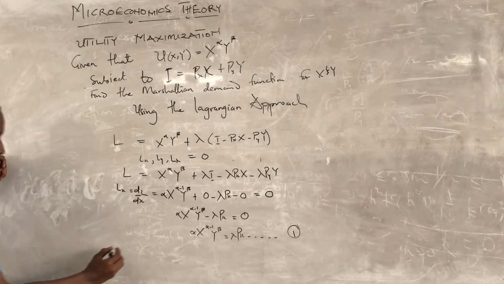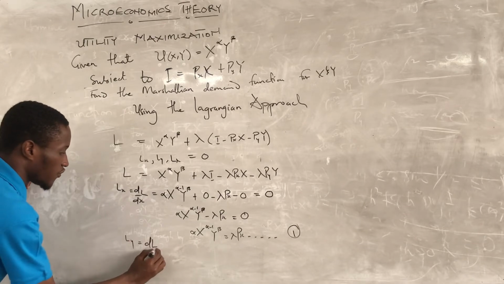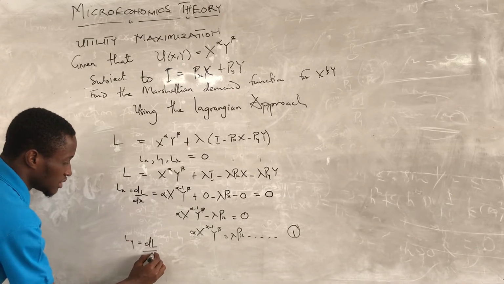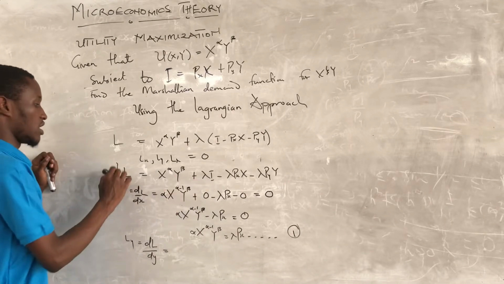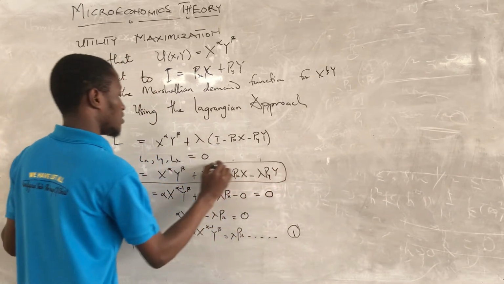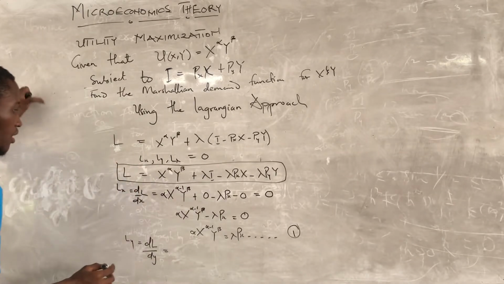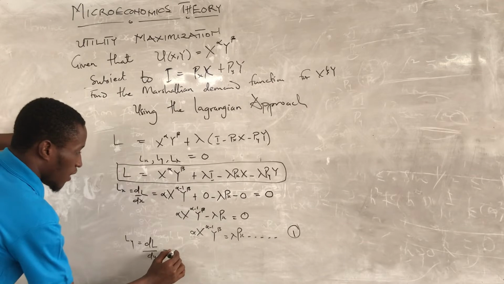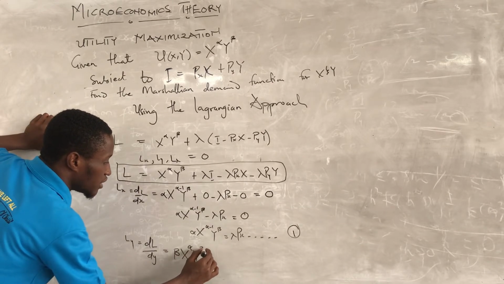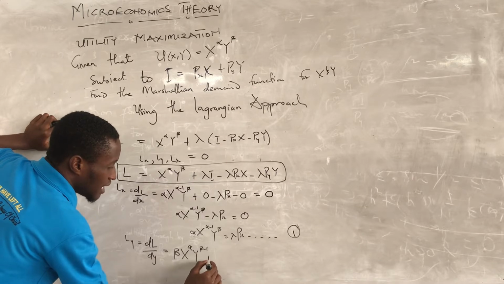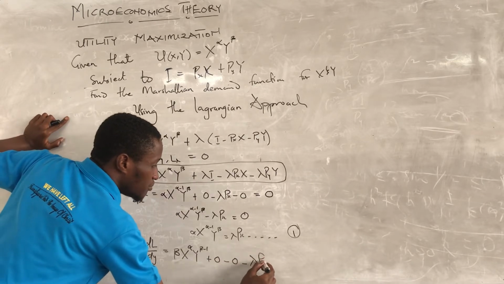Then I'll come and find Ly, which is the derivative of the Lagrangian function with respect to y. So this is what I'm differentiating, this one. So with respect to y, I'll have beta x^alpha y^(beta minus 1) plus 0 minus lambda py.